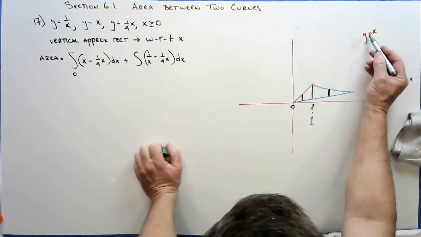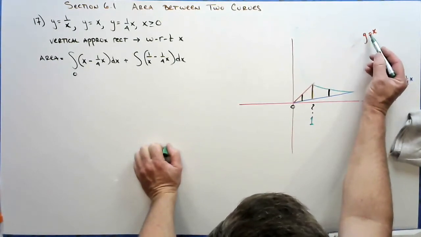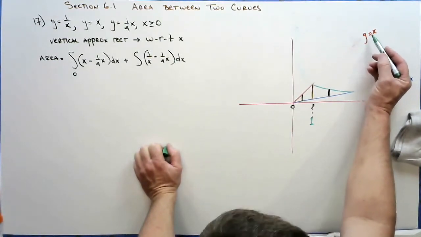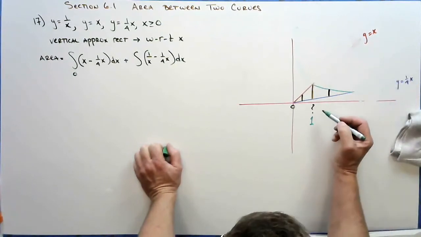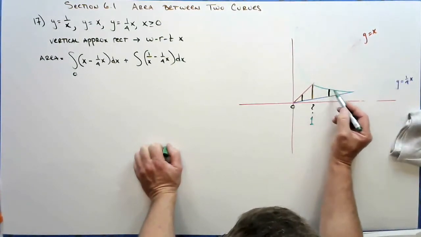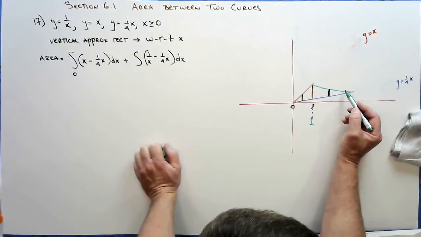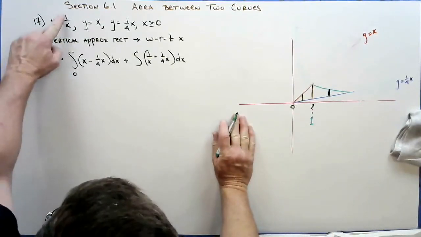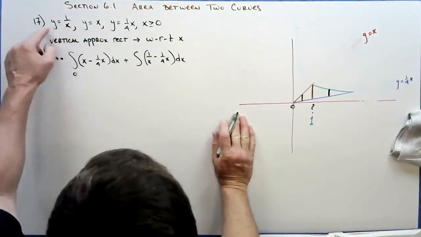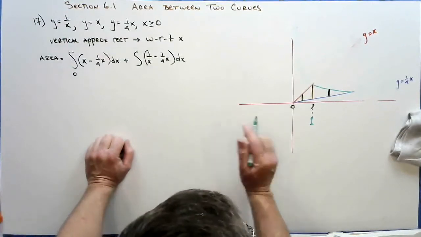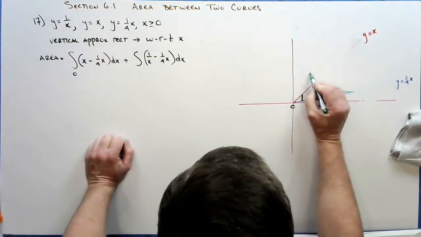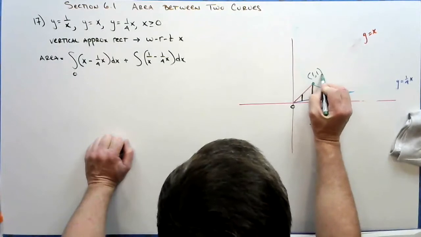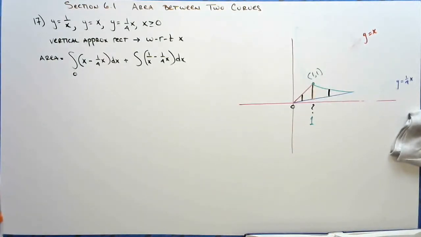If I put 1 into the red function, y equals x, so that would give me 1. What about, I'm trying to figure out where the red function and the green function intersect. Well, the green function is 1/x. If I put 1 into there, I get y equals 1 again. So this point of intersection right here is x is 1, y is 1. And I found that just by plugging in numbers.